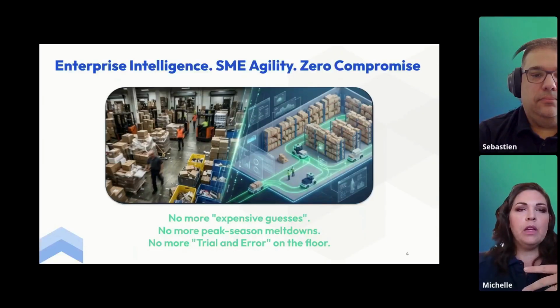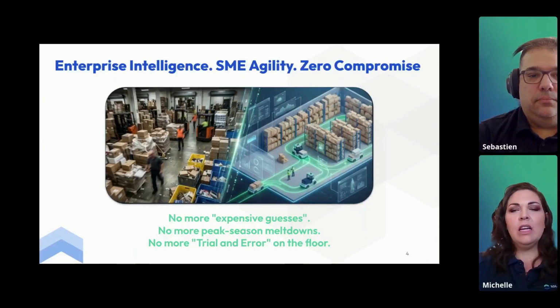So the three no-mores, just to briefly touch on here. No more expensive guesses. We've all seen it: the system says the stock is there, but the physical bin is empty. That discrepancy isn't just a glitch, it's a ghost in your system, and it kills your pick rates.